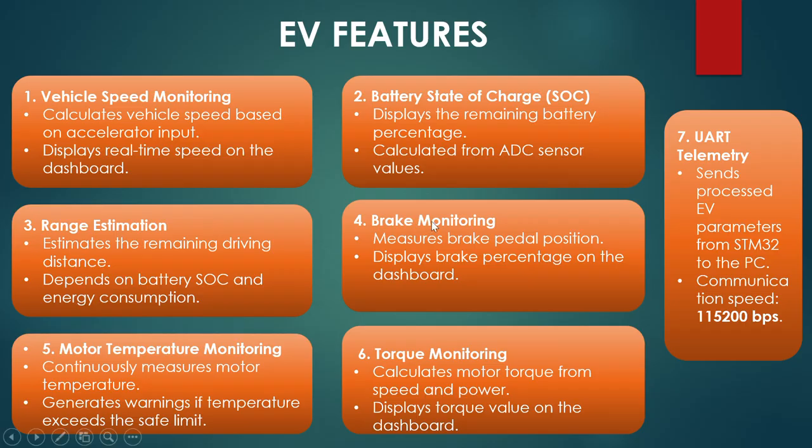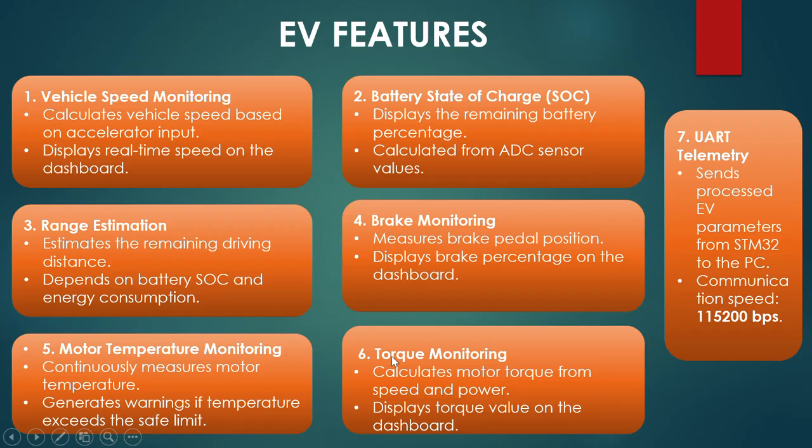Next one is brake monitoring. The system also monitors the brake position, which indicates the driver's braking input as a percentage. Next one is motor temperature monitoring. It is continuously monitored to prevent overheating and ensure safe operation.